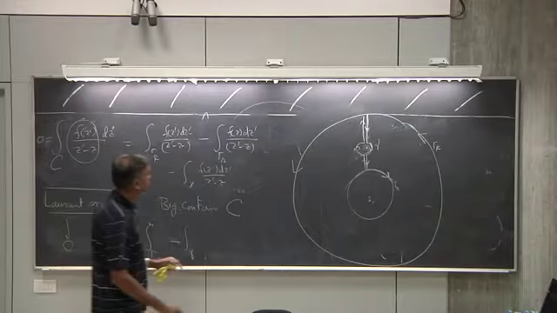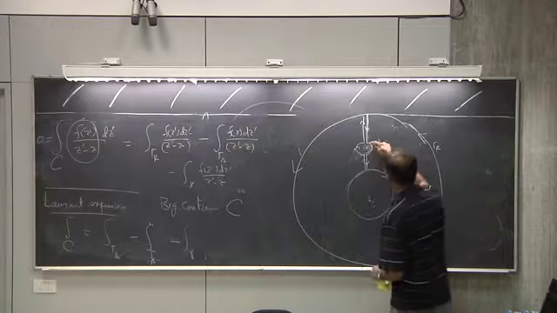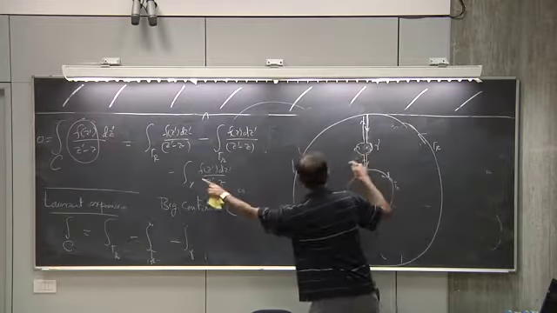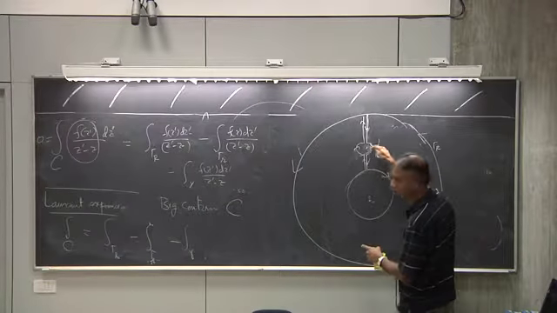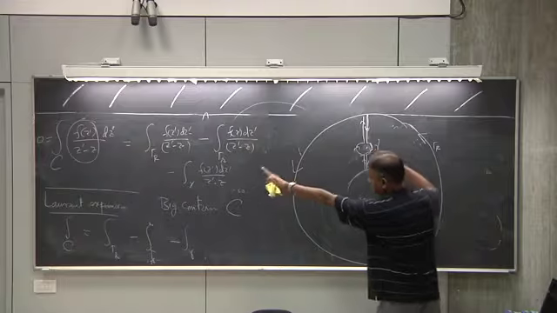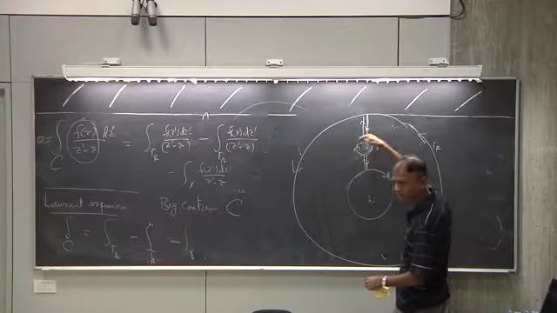This is just this little circle. Remember, this minus sign takes into account the fact that this was originally clockwise. So now, after putting the minus sign, it is counterclockwise, right?